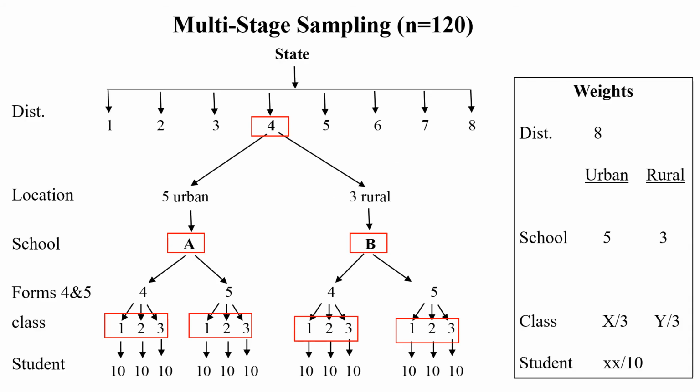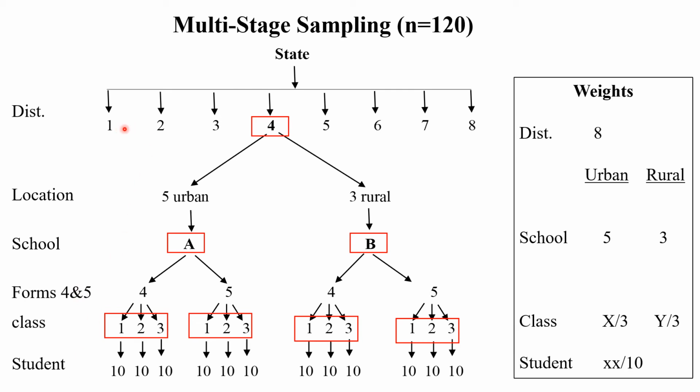All right, next, multi-stage. Of all the methods, this is known to be very efficient. Example, I want to select students in a district in a state. Let's say the state of Selangor. I want to study Form 4 and Form 5 students in our local schools.